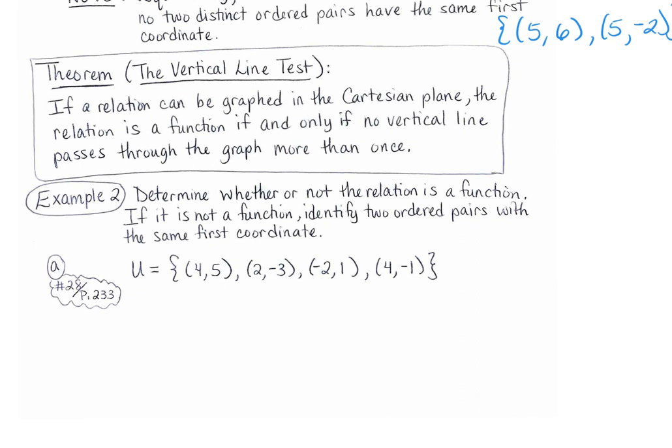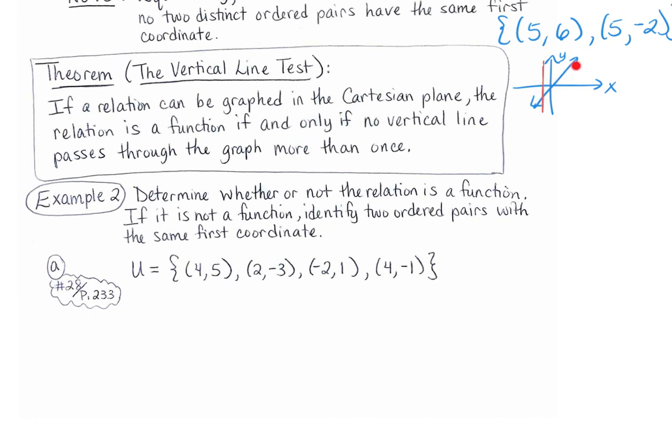So, if we graph this line and we take a vertical line, think of this red as a vertical line that we're just using to pick up and move across.